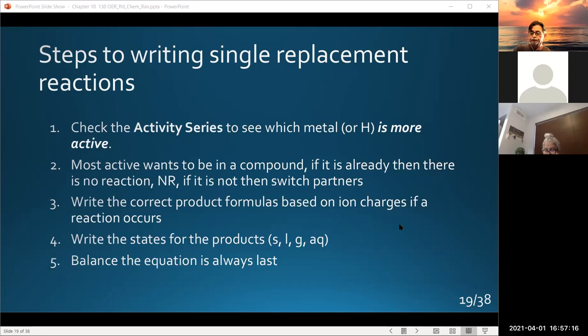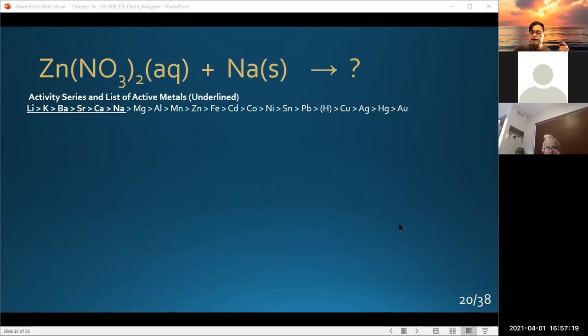Okay. Then we're back. Let's take this example. We have zinc nitrate plus sodium metal. So step number one, going to the activity series, we look for zinc, which is right here, and we look for sodium.